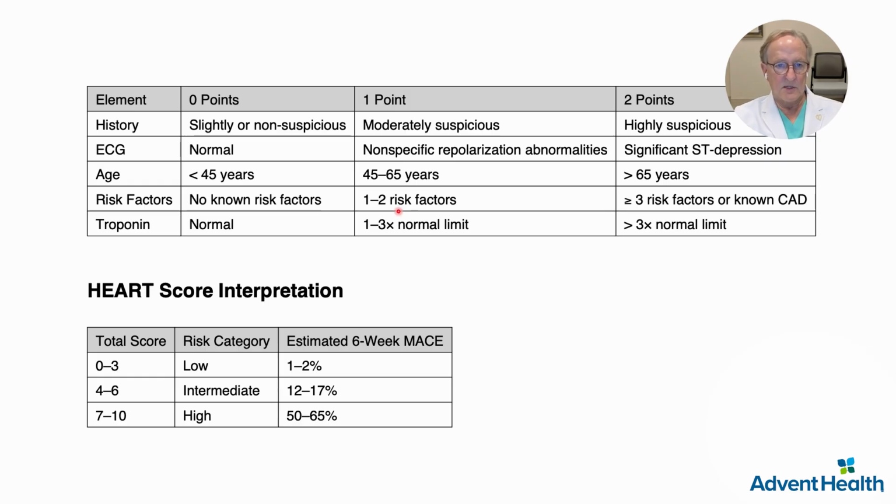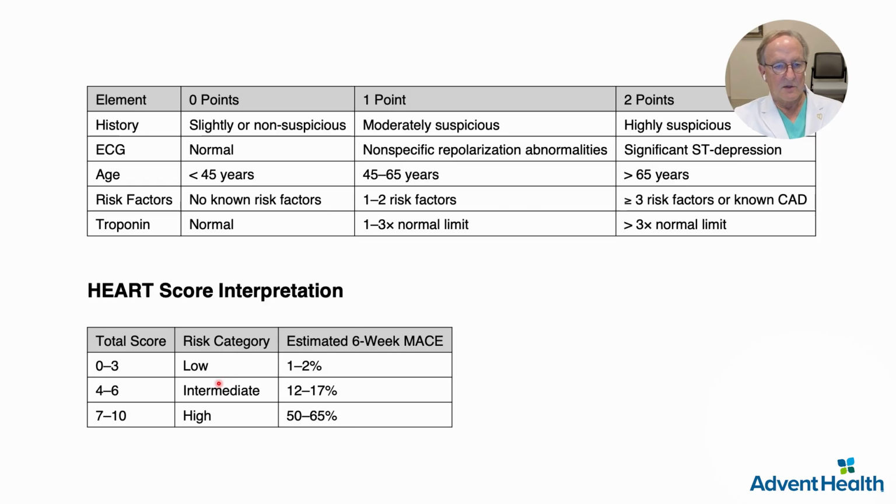The interpretation of the HEART score to put you in a bin, if you will: 0 to 3 is low risk, estimated 6-week major adverse cardiac event rate 1 to 2%; intermediate risk, a HEART score of 4 to 6, estimated 6-week MACE at 12 to 17%. And if you have a high risk, 7 to 10, your estimated 6-week MACE is 50 to 65%.